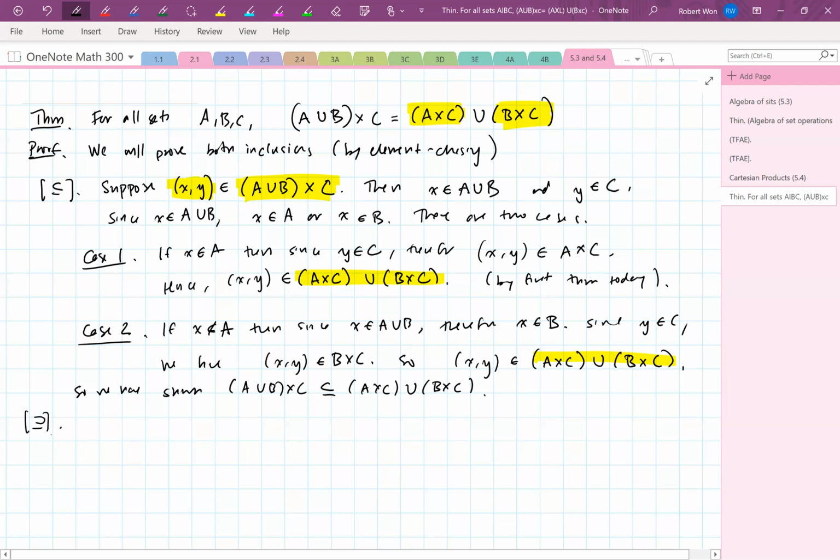Opposite inclusion. Suppose that I have an element of the right-hand side. Again, now the element of the right-hand side is a union. So it's two sets put together, but each of those individual sets is a Cartesian product. So an arbitrary element of the union will still look like an ordered pair. So suppose that x comma y is in the right-hand side.